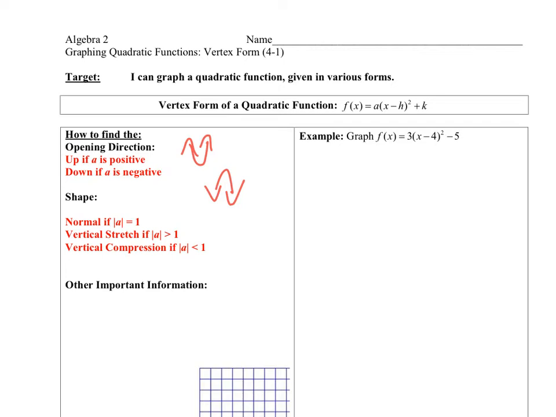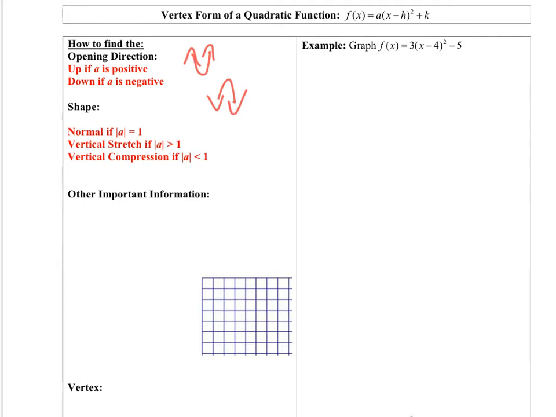Also, an a value of 1 will cause the graph shape to be the same, whereas an a value that's greater than 1 will cause a vertical stretch. A value that's less than 1 will cause a vertical compression. Remember that for vertical stretches and compressions, we ignore the positive or negative sign.